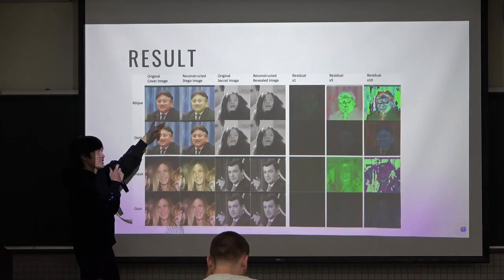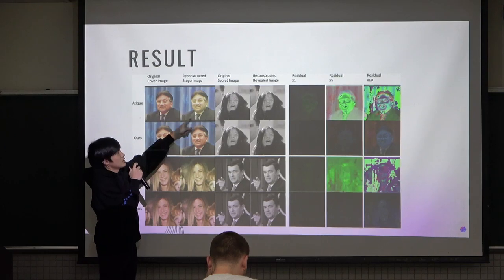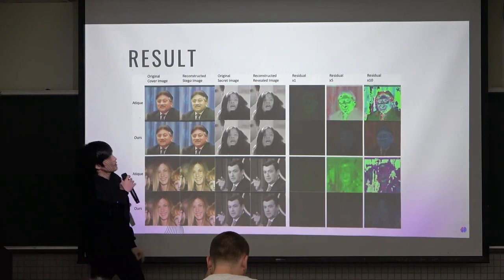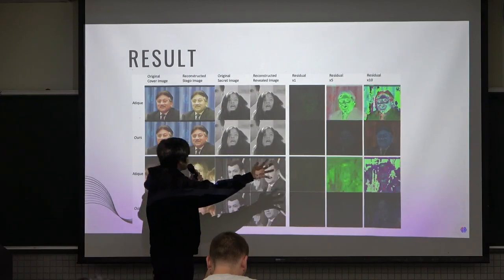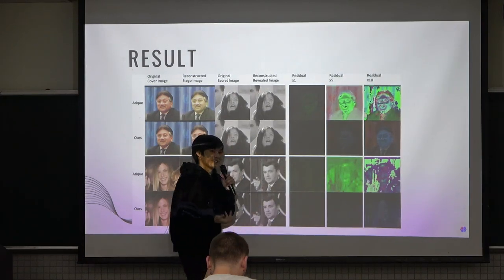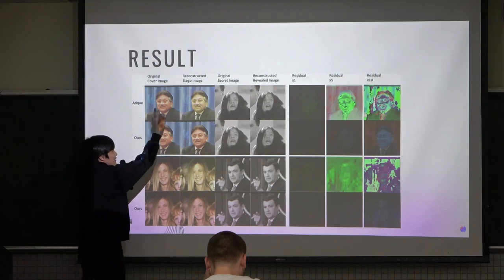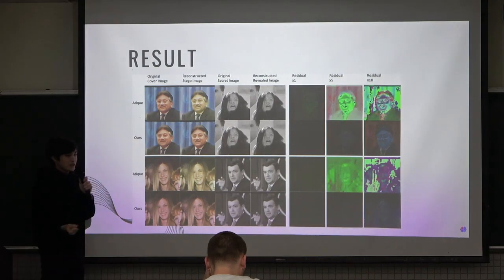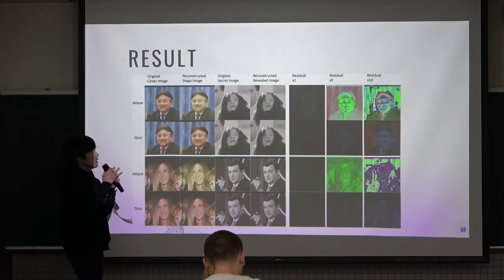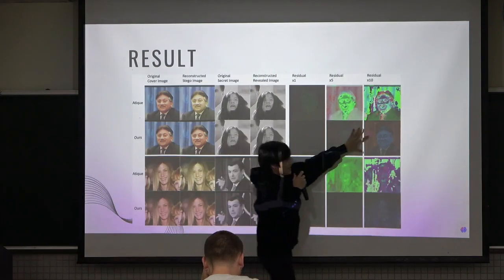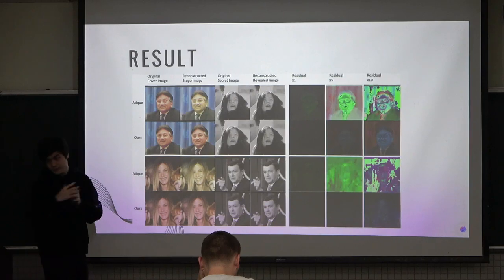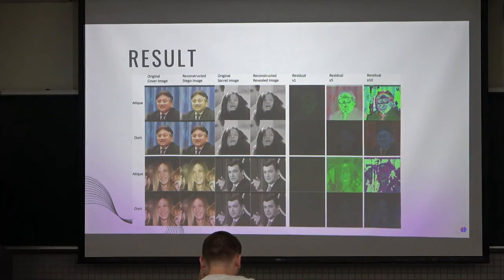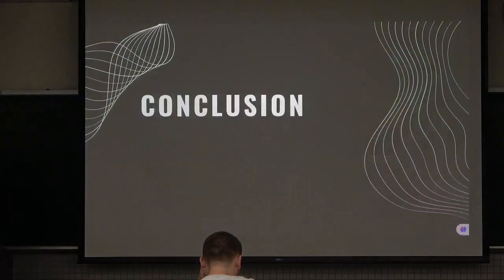We can see a lot of improvement in these two functions. The rightmost image is the result minus the original picture. We can see there is a lower difference between the two pictures, so the result is getting better and better.